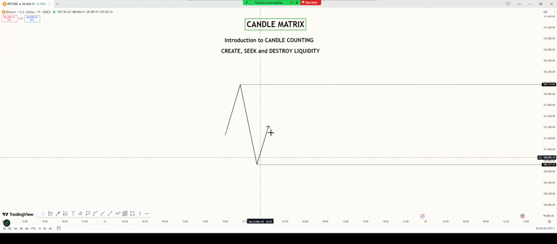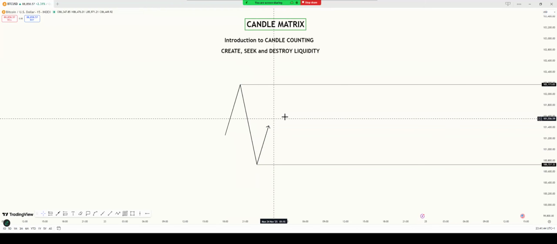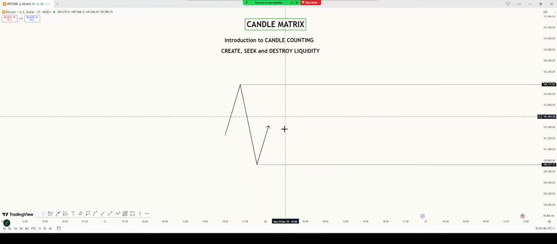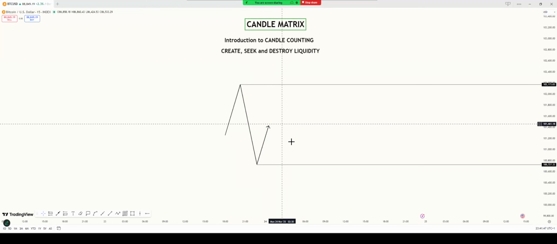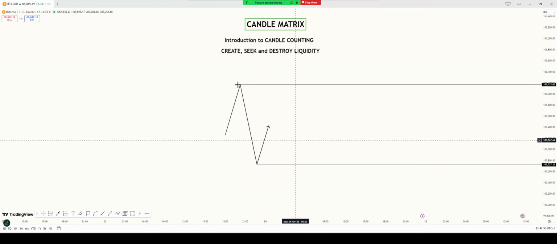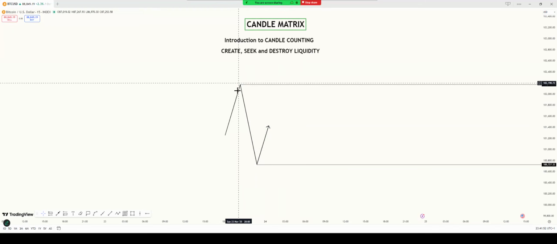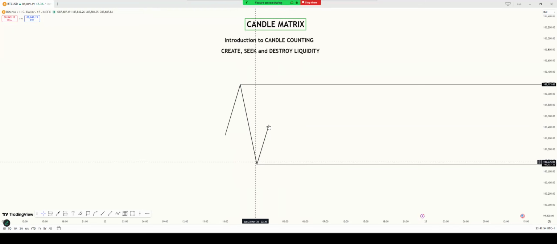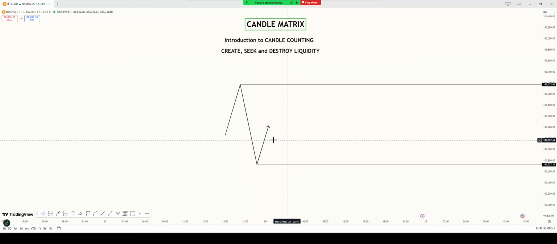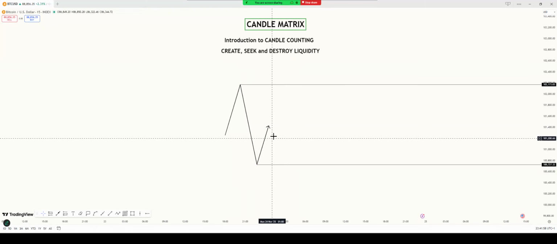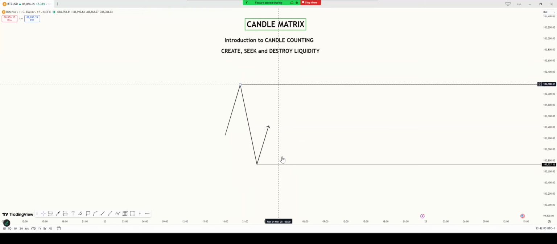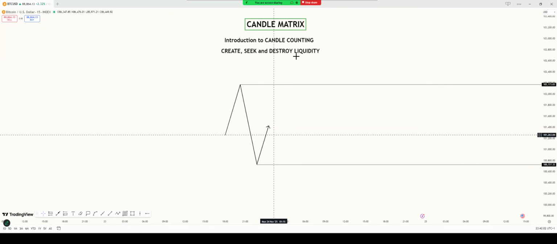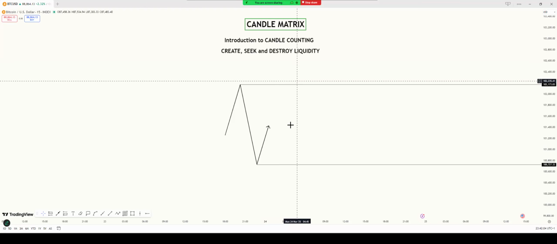Then we want to count the number of candlesticks inside of the range. If the number of candlesticks inside of the range is equal to or greater than the number of candlesticks from this high to this low, then that is a valid dealing range for a potential BSL to SSL run or an SSL to BSL run. Simple as that.